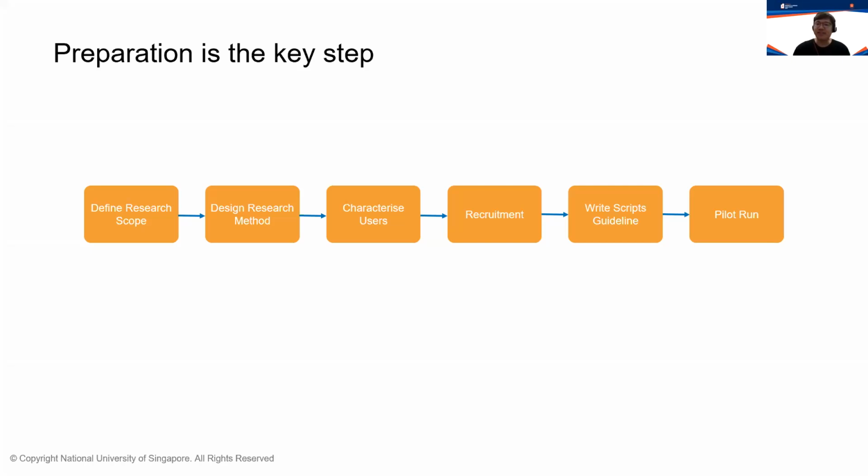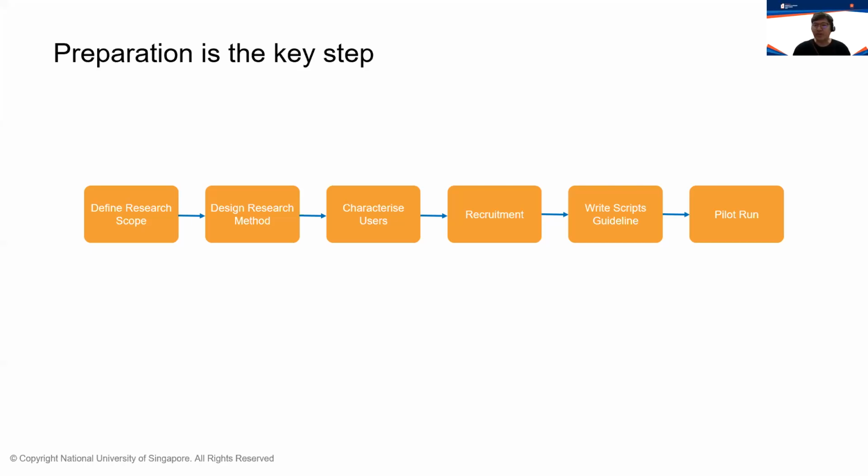And then we start to write the scripts or guidelines. Especially for guidelines, we basically only talk about outlines rather than detailed scripts. If you put down detailed interview scripts, usually the interviewer will just follow the scripts, and this is not a good interview technique. So I only recommend that you write a guideline or outline of the interview script, not go into very detailed form.